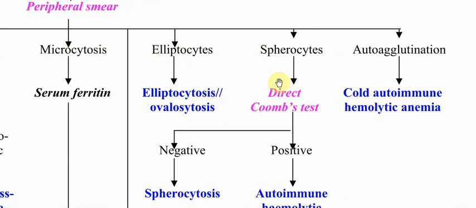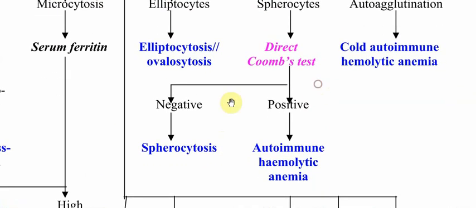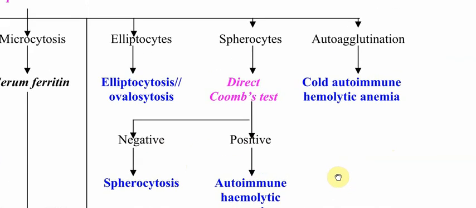Presence of spherocytes indicates need for doing a direct Coombs test. If it is negative, it is spherocytosis. If it is positive, it is autoimmune hemolytic anemia. If there is presence of autoagglutination in the peripheral smear, the diagnosis is autoimmune hemolytic anemia.